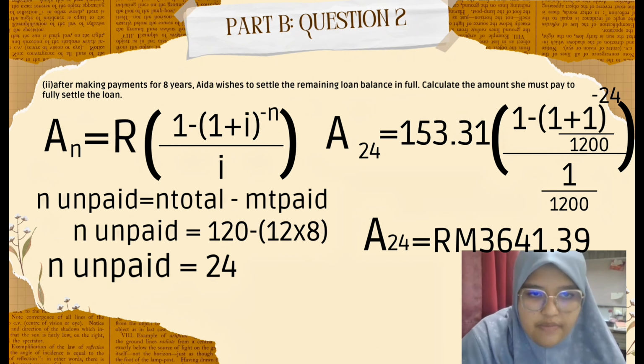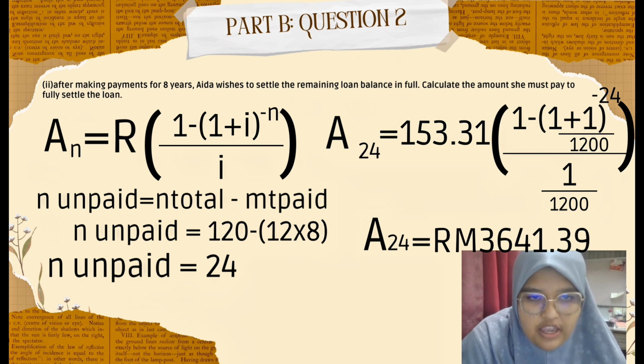For the second one, after making payments for 8 years, Ida wished to settle the remaining loan balance in full. Calculate the amount she must pay to fully settle the loan. So from the previous question, we know that Ida is supposed to pay for 10 years, but she wants to pay earlier than that, which is 2 years early.